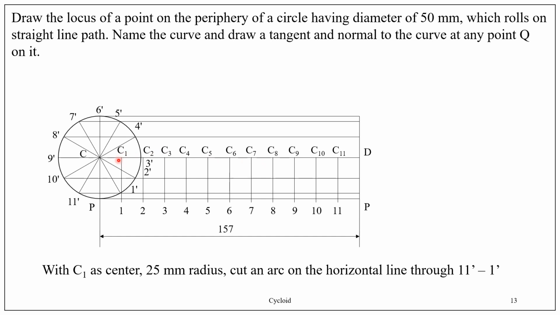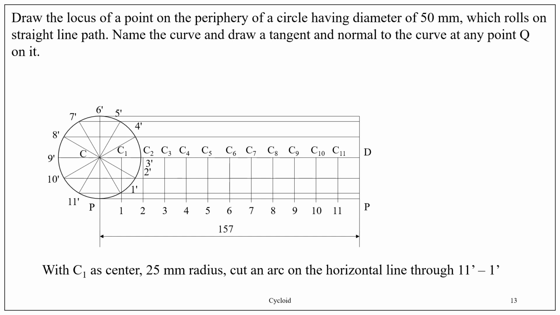With C1 as center and 25 mm radius, cut an arc on the horizontal line through 11 dash 1 dash.